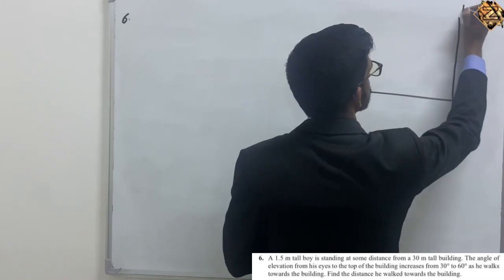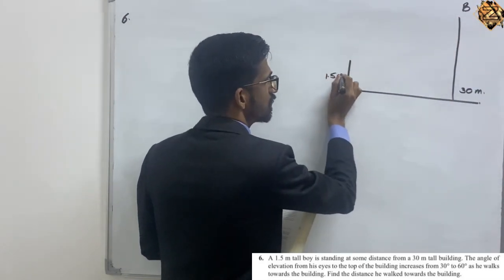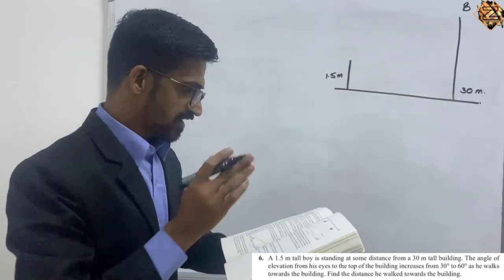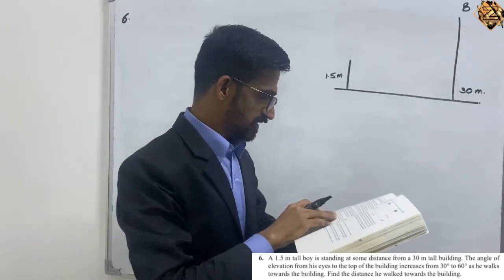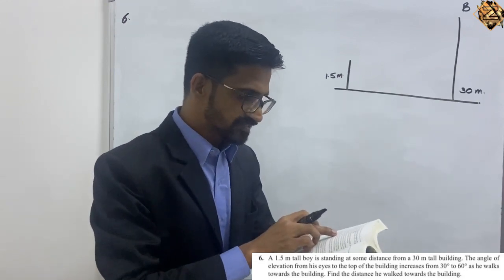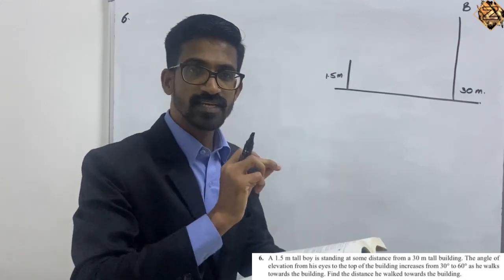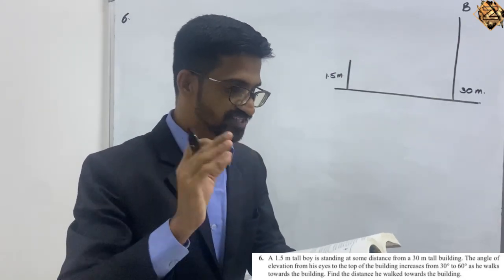The angle of elevation from his eyes to the top of the building increases from 30 degree to 60 degree as he walks towards the building.